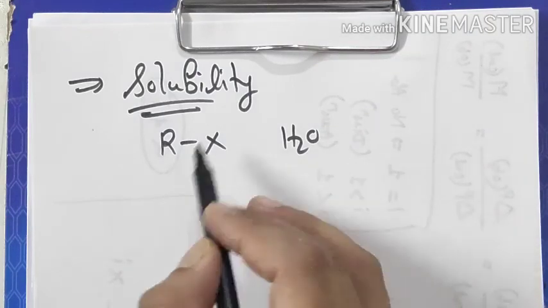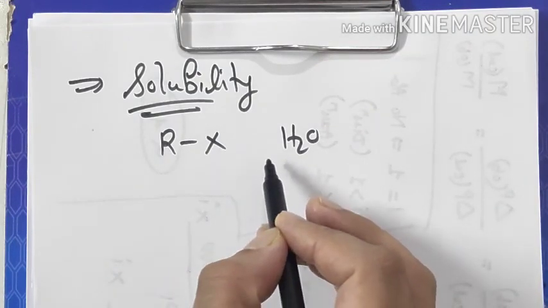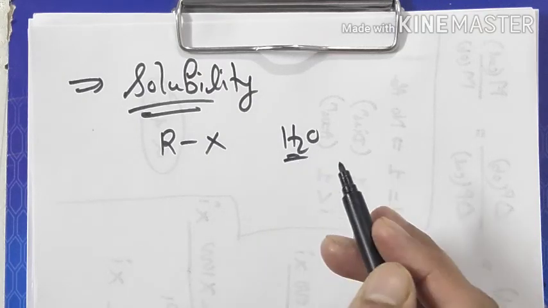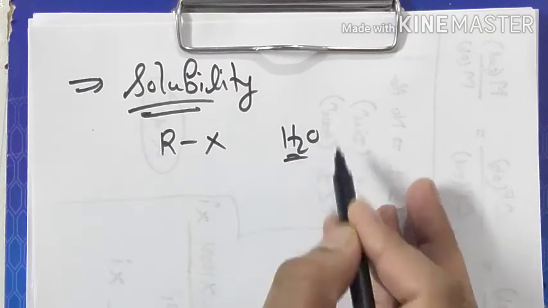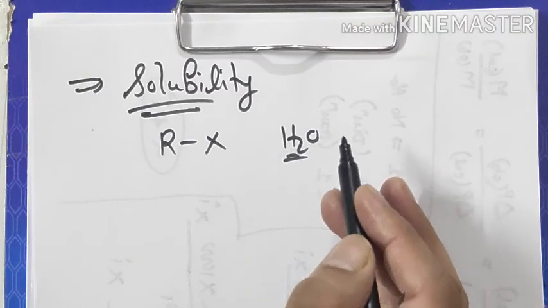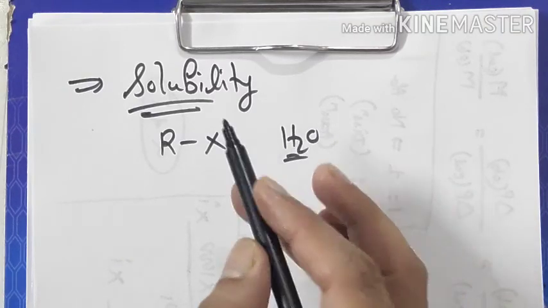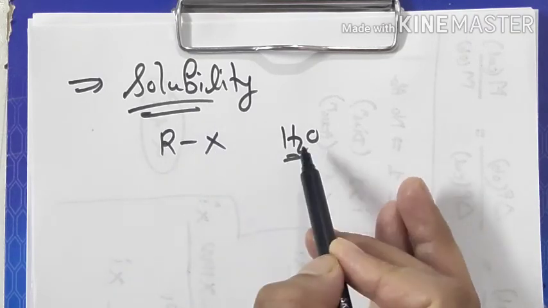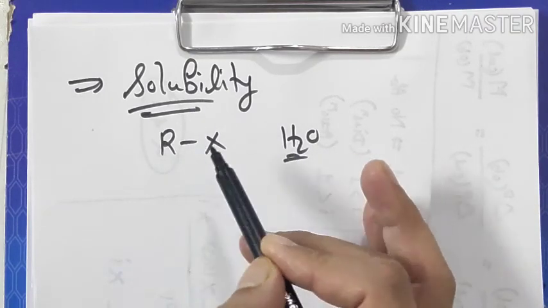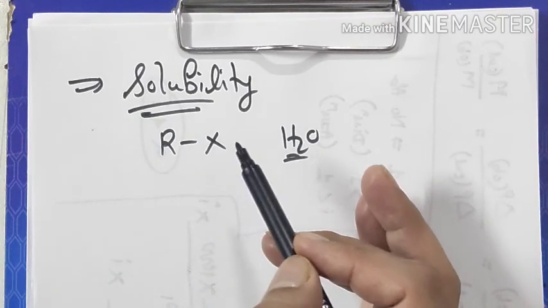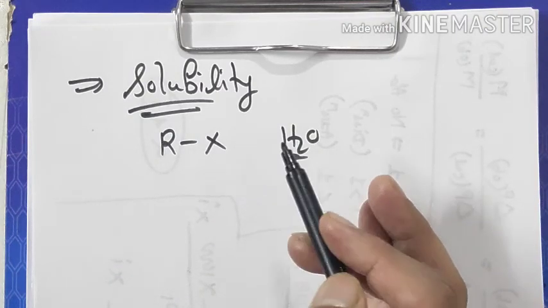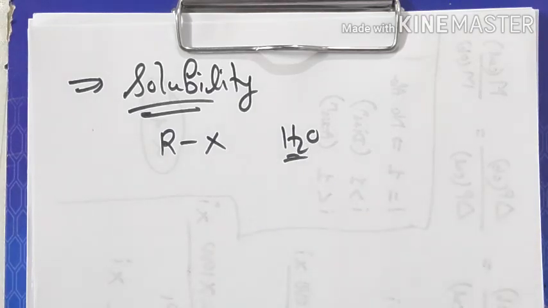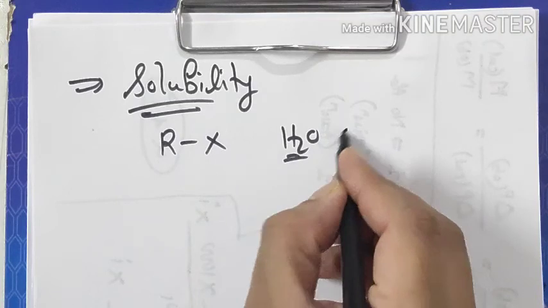But actually, alkyl halide is very least soluble in water. Obviously, the question arises why? Because water contain large amount of hydrogen bonding, right? If alkyl halide breaks that bond and if it forms a stronger bond, then the solubility obviously will be higher, but this does not happen.